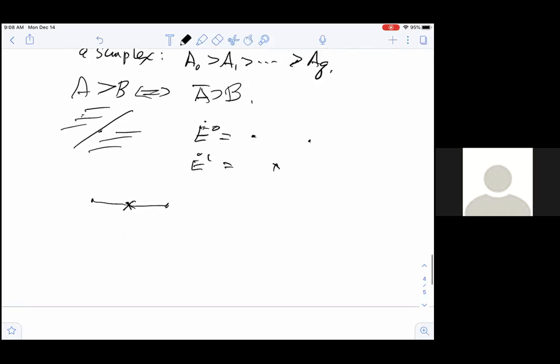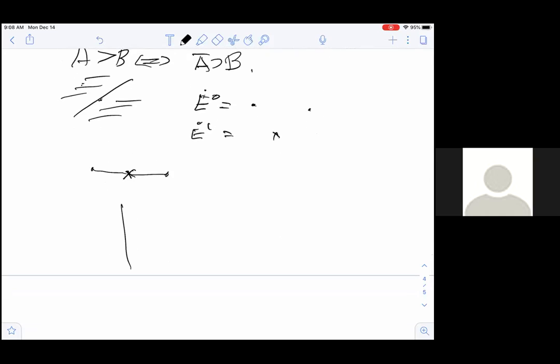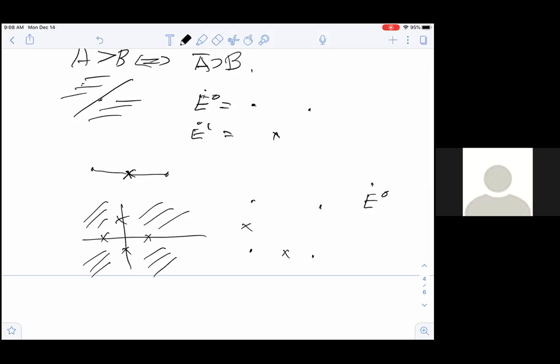All right, let's try the product of 2 such stratifications. So this time, there are 4 components to the 0-dimensional stuff, 4 components to the codimension 1 stuff, and 1 component in codimension 2.